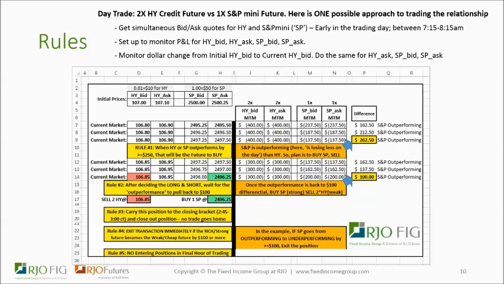So at this point, we can continue to take market observations until we get to a point where one of the contracts is outperforming the other by $250, and this is simply on a two HYs by one S&P basis. And in row 9 here, this would be our signal, where the S&P now is down 137.5 bucks.